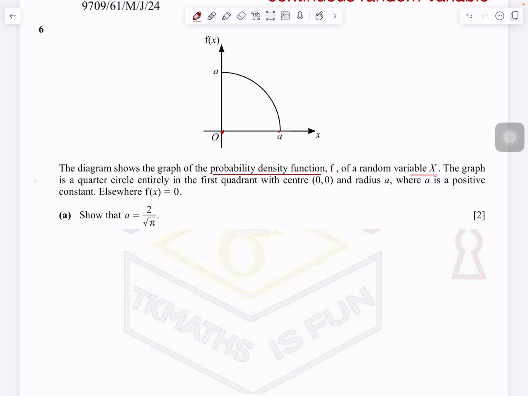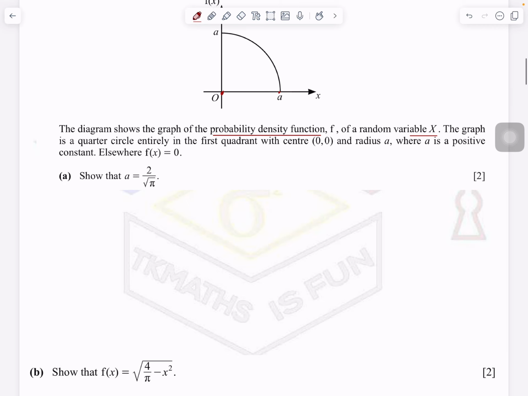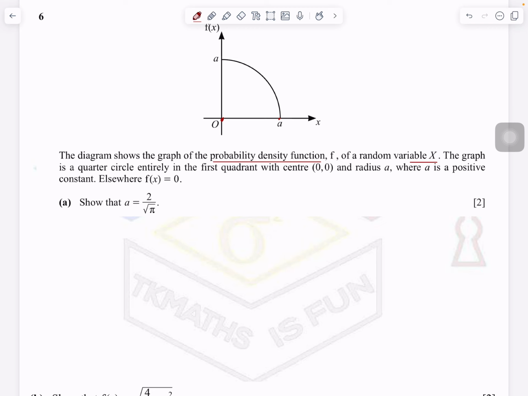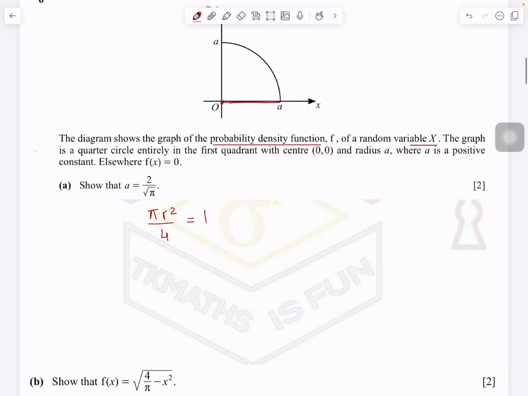2 divided by root pi. So what comes in your mind how you will show? The diagram is basically a quarter of a circle. So it simply means that area of a quarter of a circle is equal to 1. But r here is A because this is my radius of a circle. So instead of r, I will write here A square.